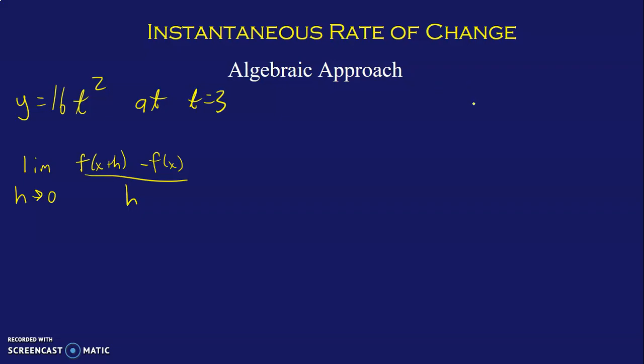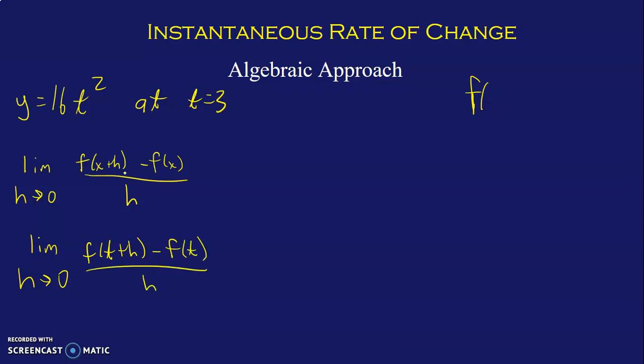All right, so off to the side, in this problem, we don't have x, we have t. So this formula is going to change to the limit as h approaches 0 of f of t plus h minus f of t over h, because the variable here is t instead of x. So f of t would be 16t squared, meaning that f of t plus h would be 16 times t plus h squared. And then let's go ahead and simplify this.